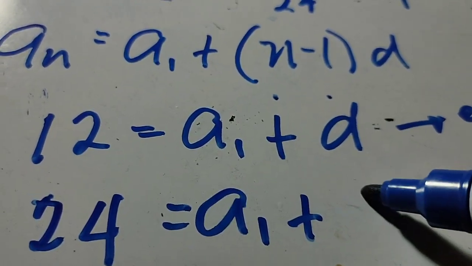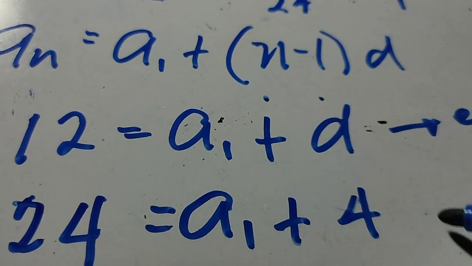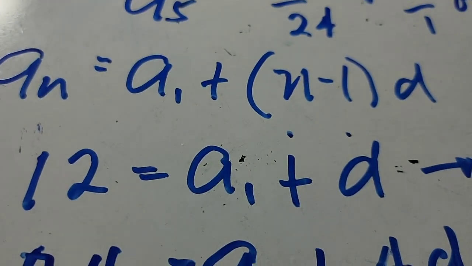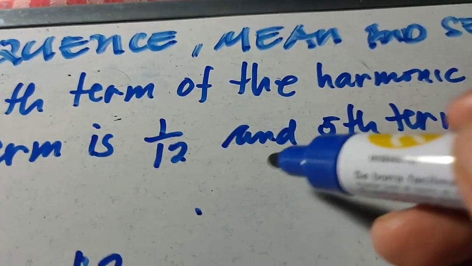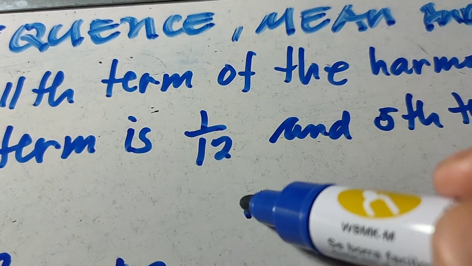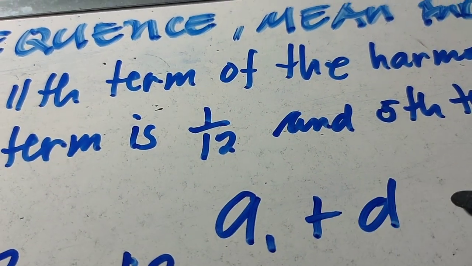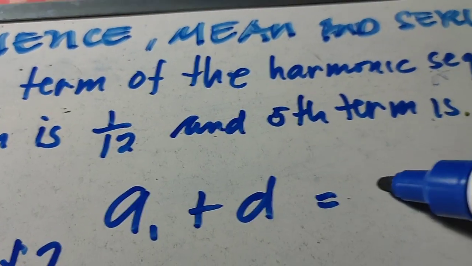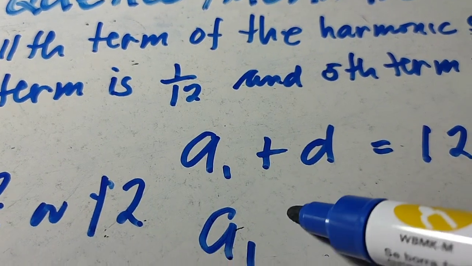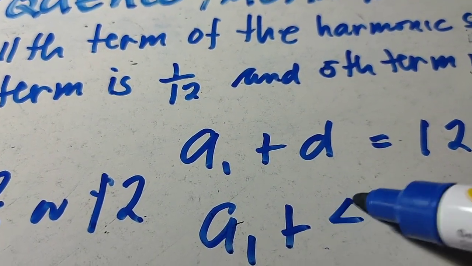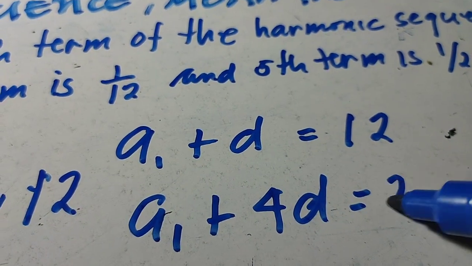So that is going to be 4d. No? 4d. Okay. So to rewrite it, let us have it here. Let us rewrite that a sub 1 plus d is equal to 12. Then a sub 1 plus 4d is equal to 24.